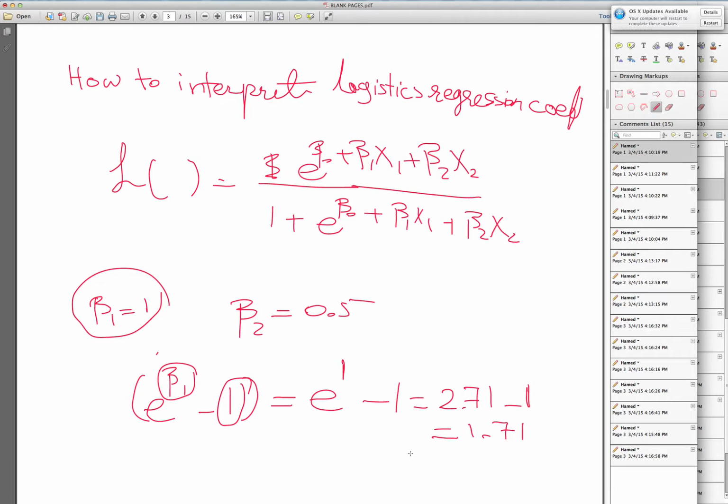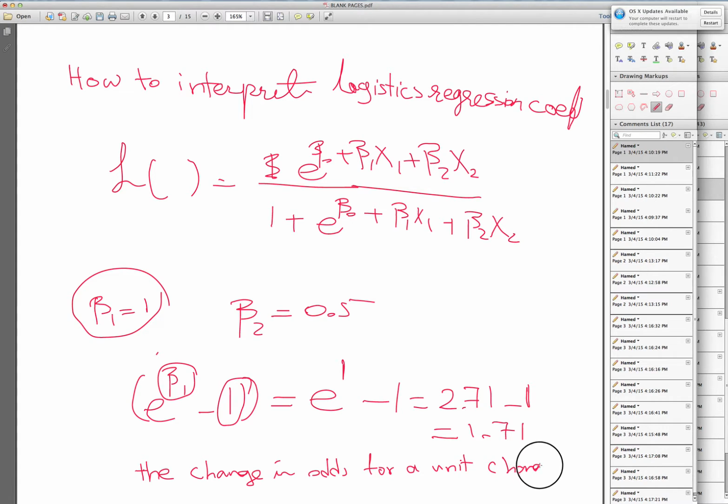So here, what it means is the percentage change in odds for a unit change in x1 is 171%.